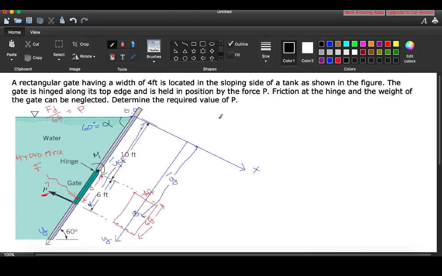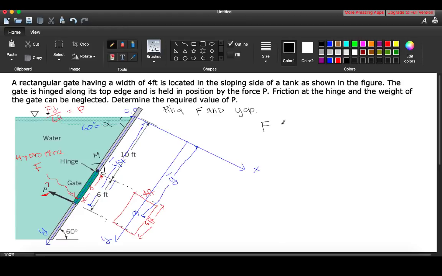Okay, so we're trying to solve for our force due to a hydrostatic pressure and this distance D here, which D is equal to the YCP minus 10 feet. So we'll also need to find YCP. So find F and YCP.